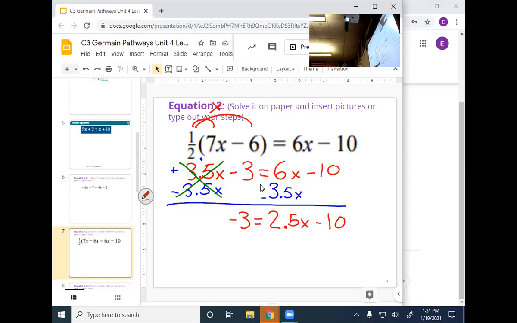So when we get to the x's on each side, we look at the side that has the x's. Because we want to get the x by itself, we want to get rid of this guy. So what would we do, Avery, to each side? You would add 10.